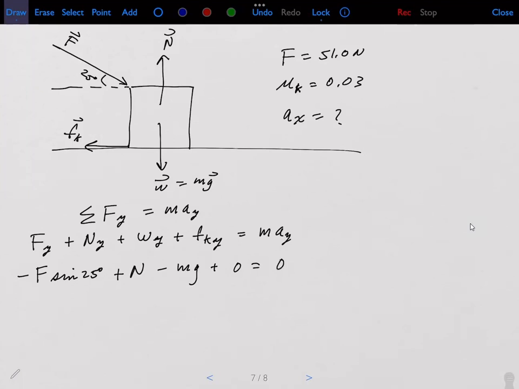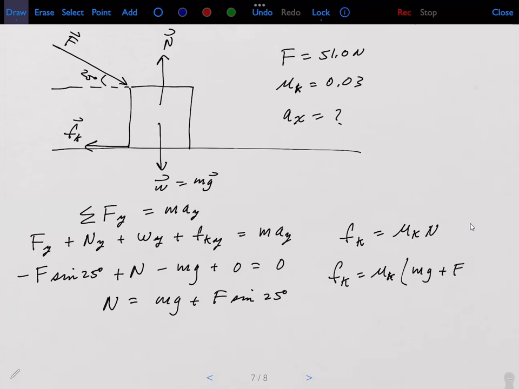So basically, by rearranging, this just tells us that N here is going to be mg plus F sine of 25 degrees. Okay, and then again, since we know that Fk is equal to mu k times N, then I can plug that in here. So mu k times N, and N is mg plus F sine of 25.